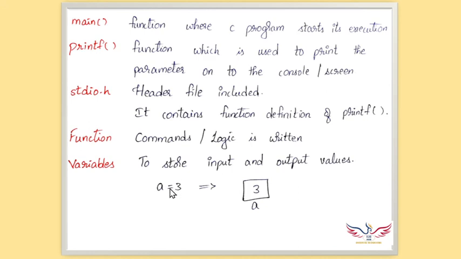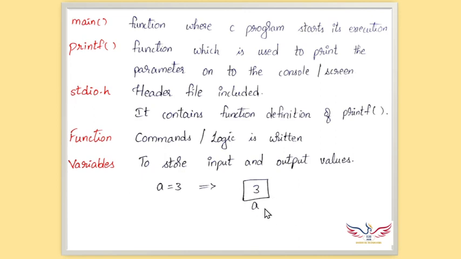right? In the same way, when you write a is equal to 3 in C language, 3 is stored in some memory allocation, in a particular memory location. If this is a location inside the memory, 3 is stored inside it. According to machine language, there will be a huge number of zeros and ones, which is the address of this particular memory location. This address will be in binary format, but we can't remember that huge combination of zeros and ones every time.